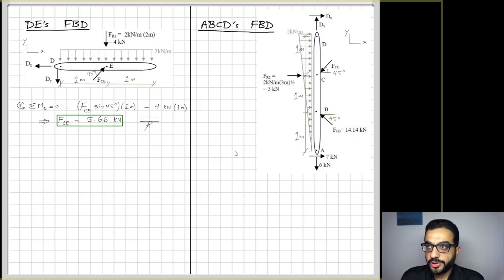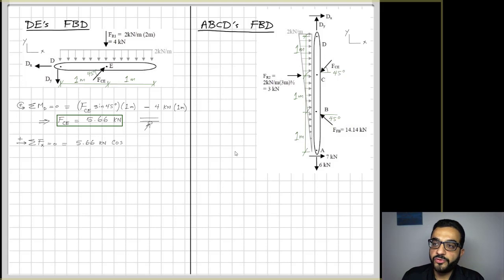So I end up with only the moments from the vertical component of FCE and the resultant of the distributed load. So I will end up with the value of FCE to be 5.66. It's positive, so I just draw here confirming that the force is lifting that overhang, kind of roof, by lifting it up. So the direction of the force here is correct as I assumed it.